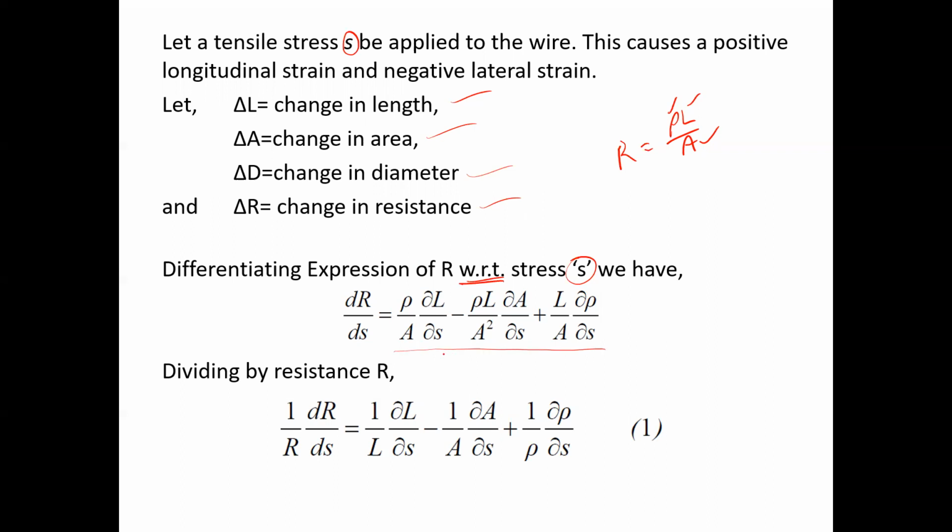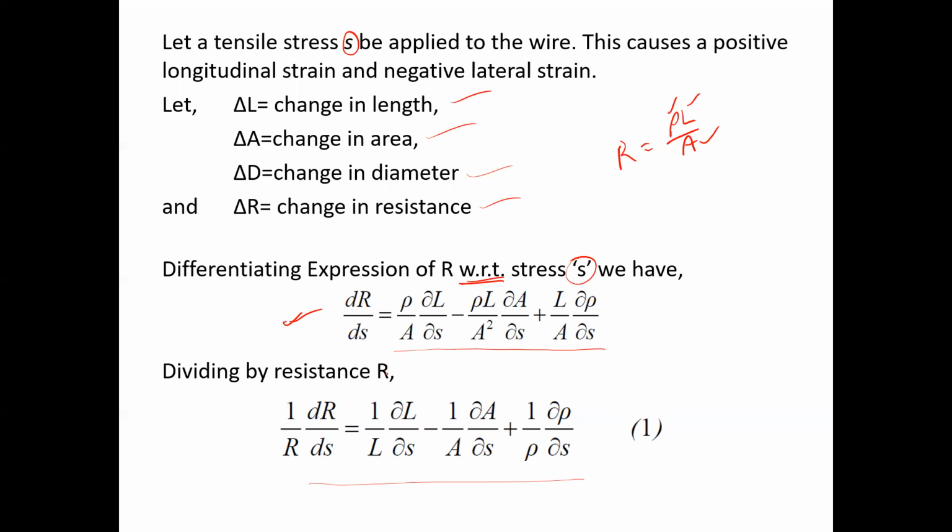I think that it is quite straightforward, and with one or two lines you can easily do that. After taking the derivative on both sides with respect to the applied stress S, we get this relation. Now on both sides we can divide by the resistance R, and once we do so, we end up with this form of the initial expression.